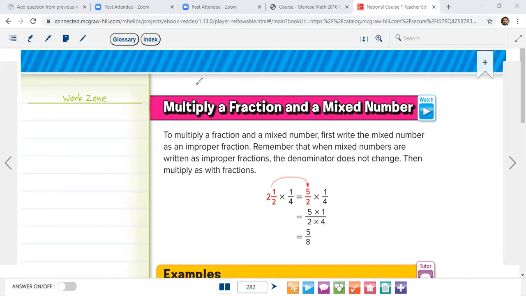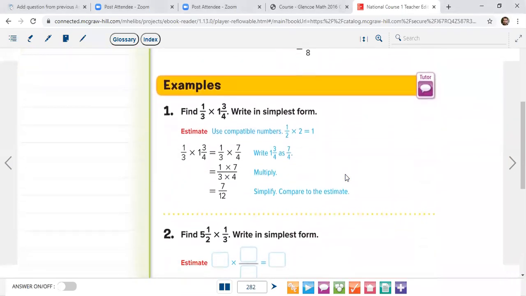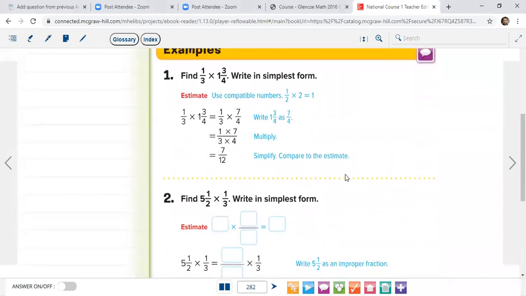Let's do it again till we understand what's going on. Again for this one, take a look at this mixed number. I want to multiply 1/3 multiplied by 1 and 3/4. How can I do this?